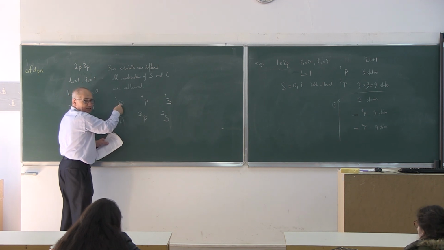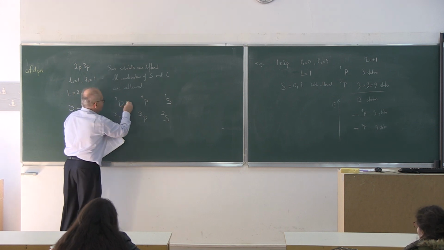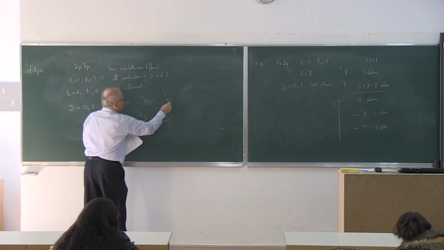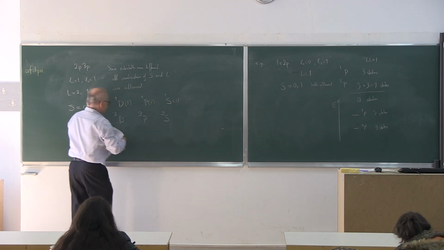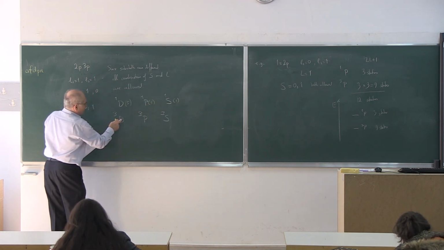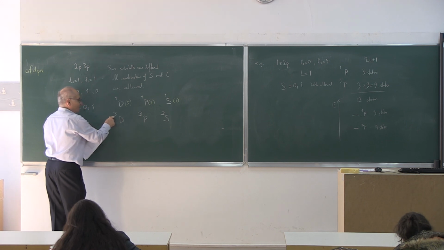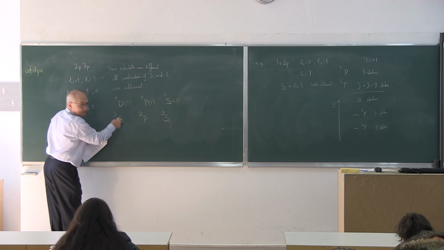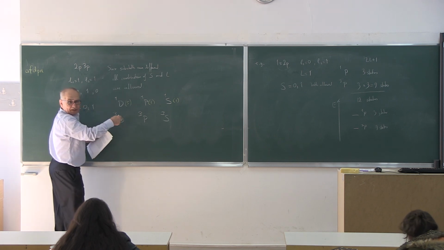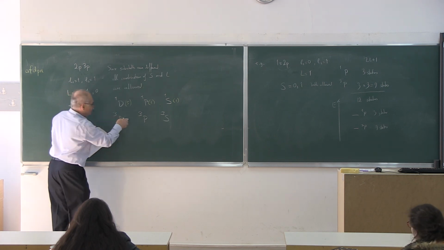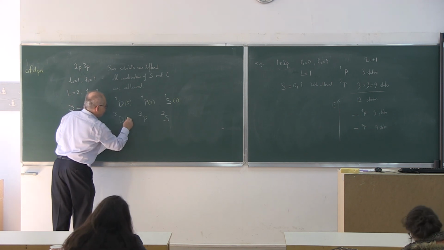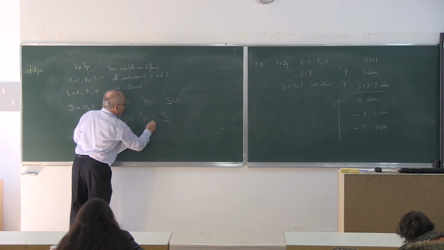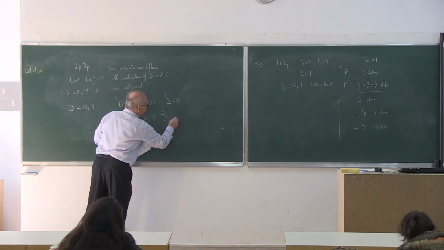So what is the space degeneracy? 5. Here, 3. Here, 1. Now, for this one, because now there is also spin degeneracy times space degeneracy, 3 times 5, 15. 3 times 3, 9. 3 times 1 is 3.